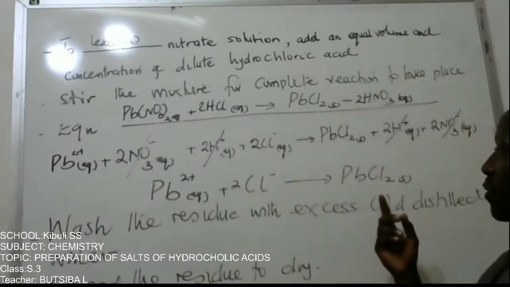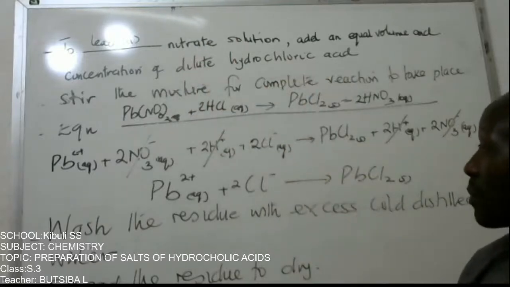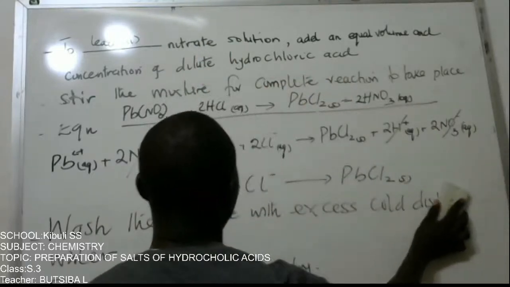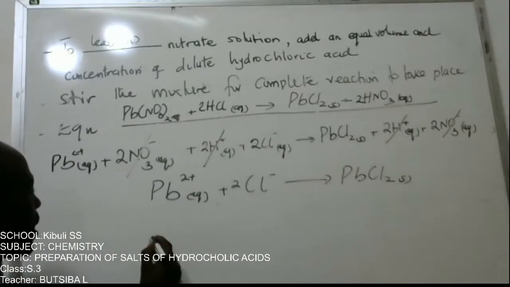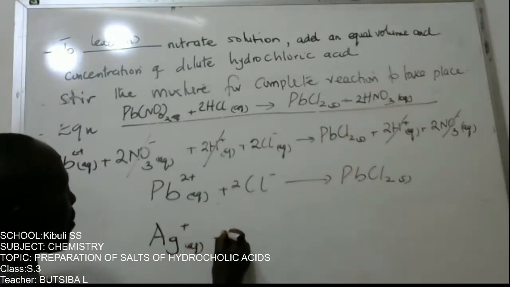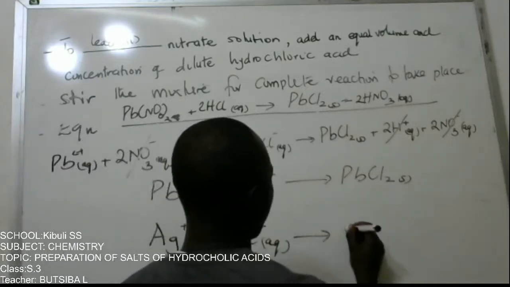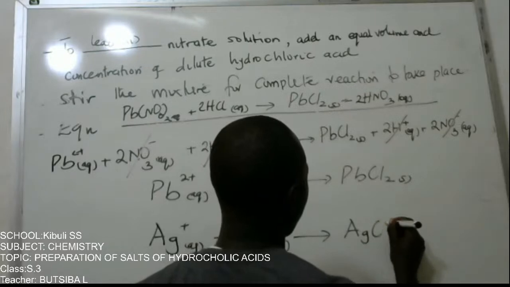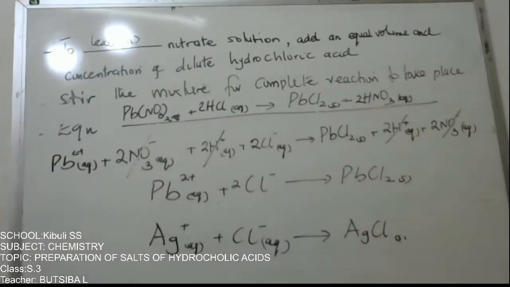So if I want silver chloride, silver nitrate, hydrochloric acid. So what is my equation? If it is an ionic equation, from silver nitrate, what am I obtaining? Silver ions, aqueous. From hydrochloric acid, chloride ions, aqueous. So what's the product? Silver chloride, which is a solid. So that one summarizes the preparation of insoluble salts.